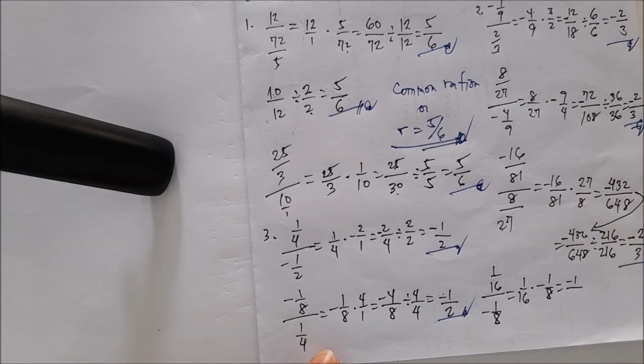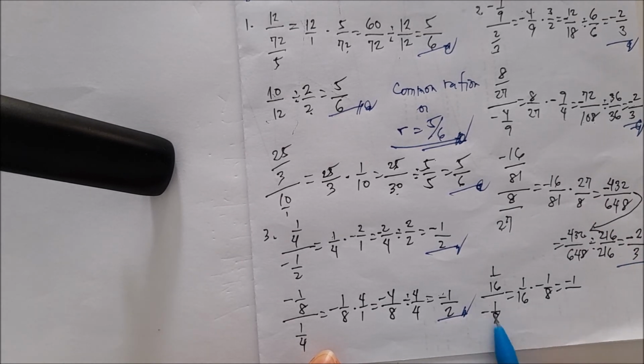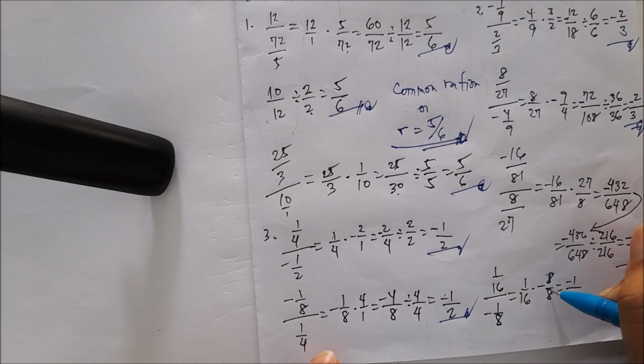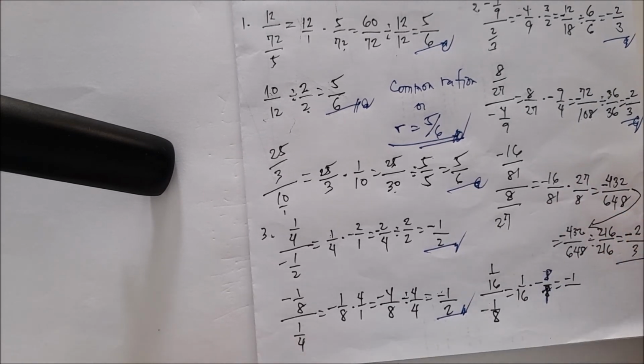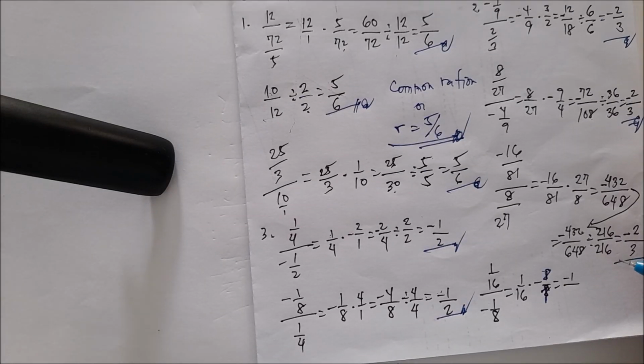And 16 times 8. Oh no, the reciprocal of negative 1/8 is 8/1. So don't forget to review your solution. If we have an error, the answer will be incorrect. Review your solution. Make sure that your answer is correct.